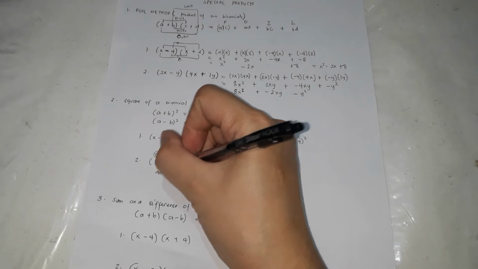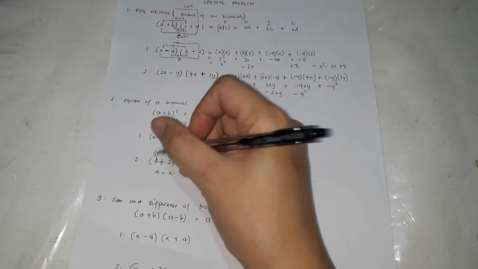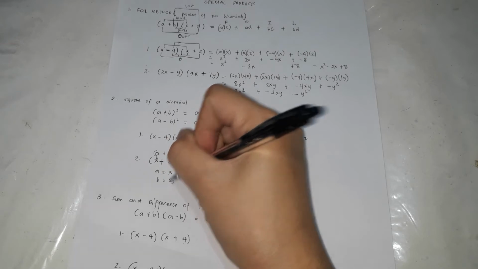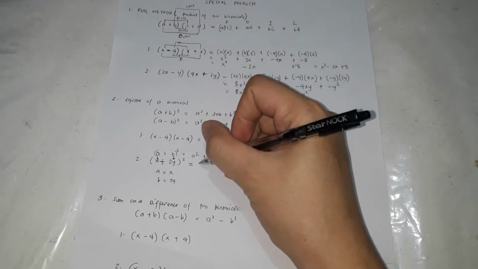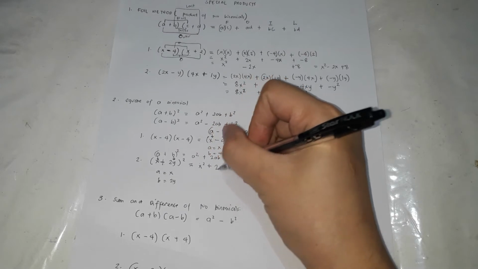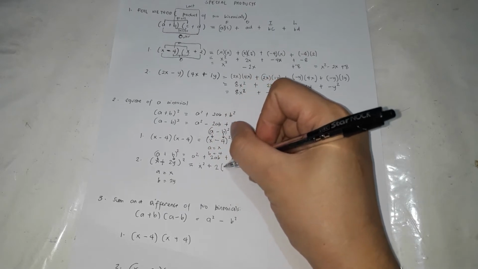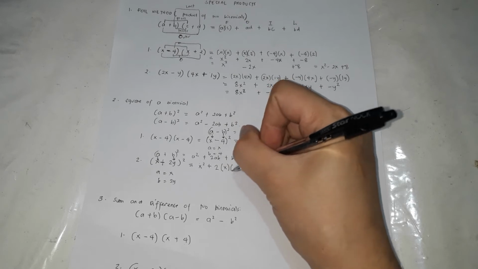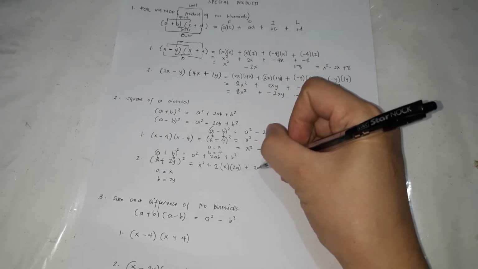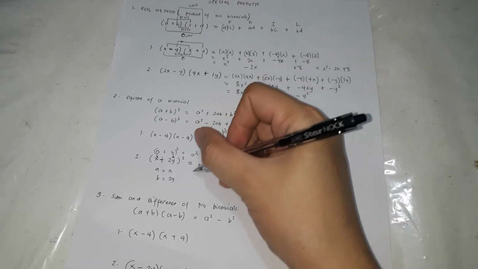So a is x, b is 2y. So in here, a squared is x squared plus 2, copy si 2, si a palitan natin ng x, si b palitan natin ng 2y, plus b palitan natin ng 2y squared.